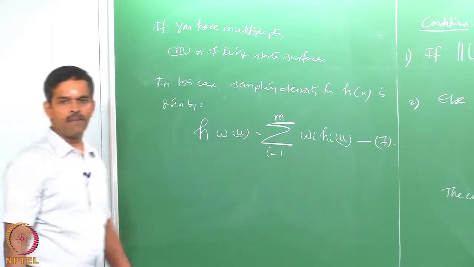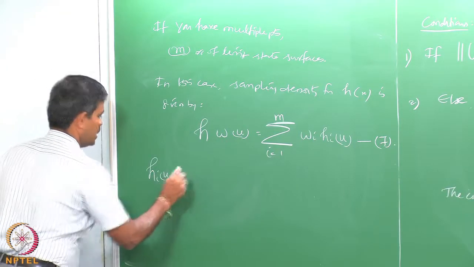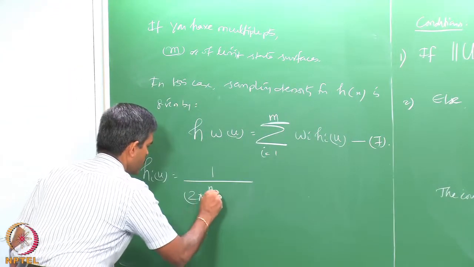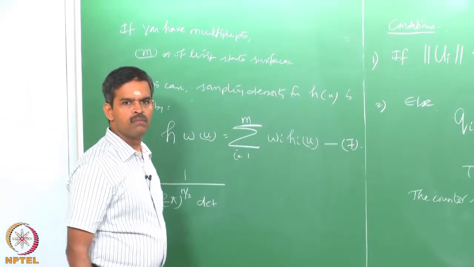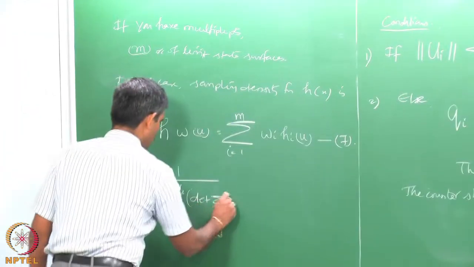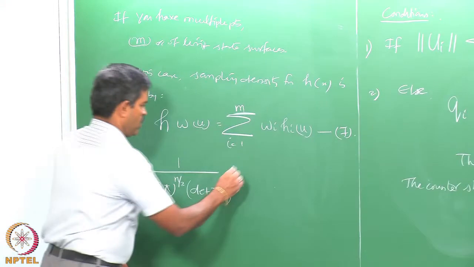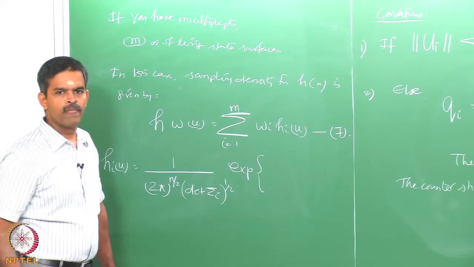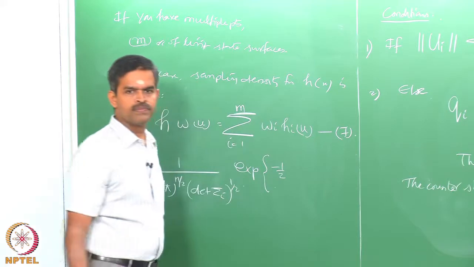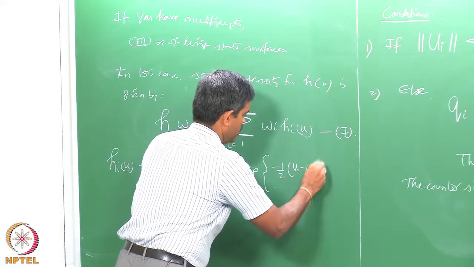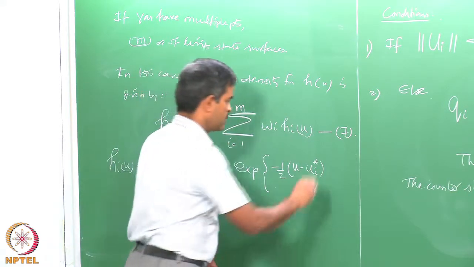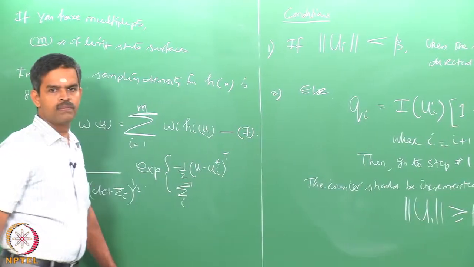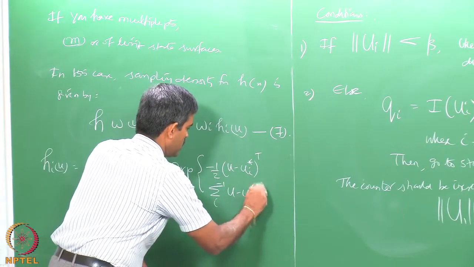Where h I of u, which is the sampling density function, is given by this equation, which is minus half of u minus u y star transpose multiplied by I to minus 1 u minus u y star.